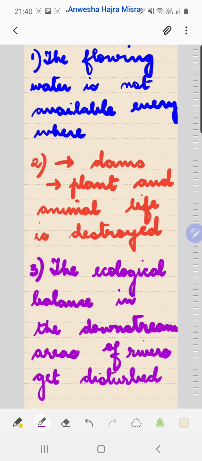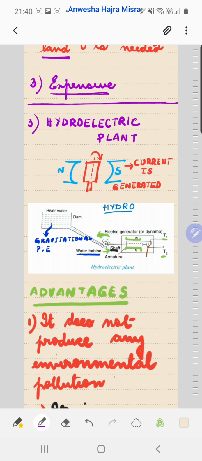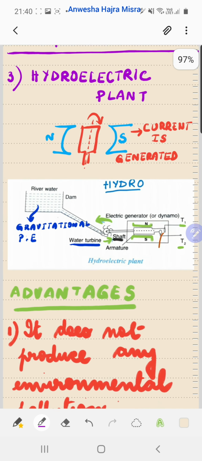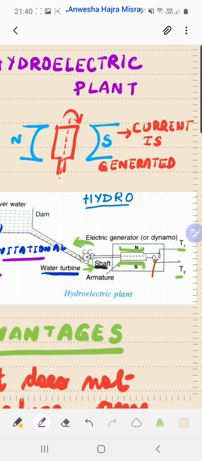So what can you say for hydroelectric power plant? Water from the top has gravitational potential energy. It moves a turbine. The turbine moves a coil in a magnetic field, and whenever a coil is moved in a magnetic field, you get a current.